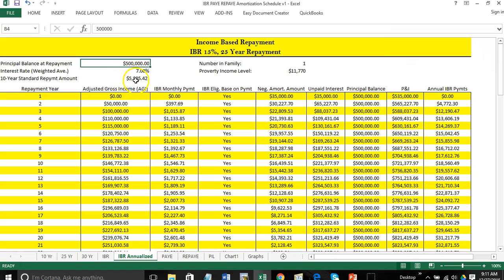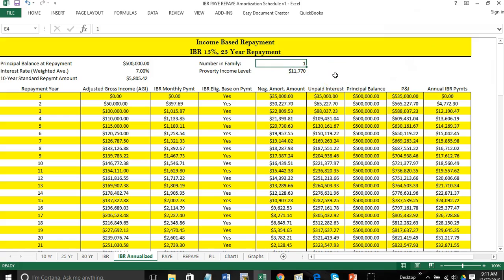This is the threshold to demonstrate partial financial hardship. If your payments under IDR are less than $5,800 in this example, you demonstrate partial financial hardship, and are therefore eligible to be in IDR. Here the payments would be influenced by the family size. Just look at these numbers as I change the family size.